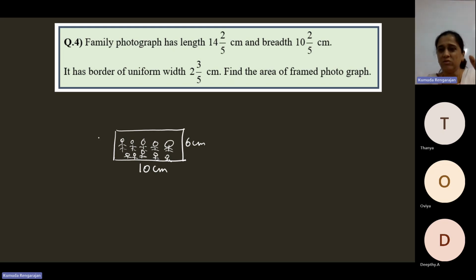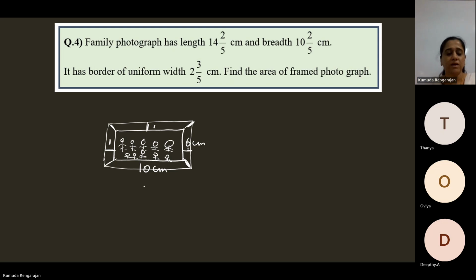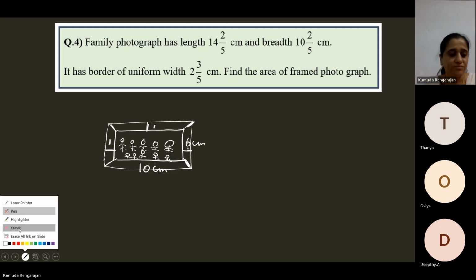The frame goes all around like this. You can see that, no? When you frame it, it becomes like this. The frame is 1 centimeter all over. The thickness of the frame is 1 centimeter everywhere.